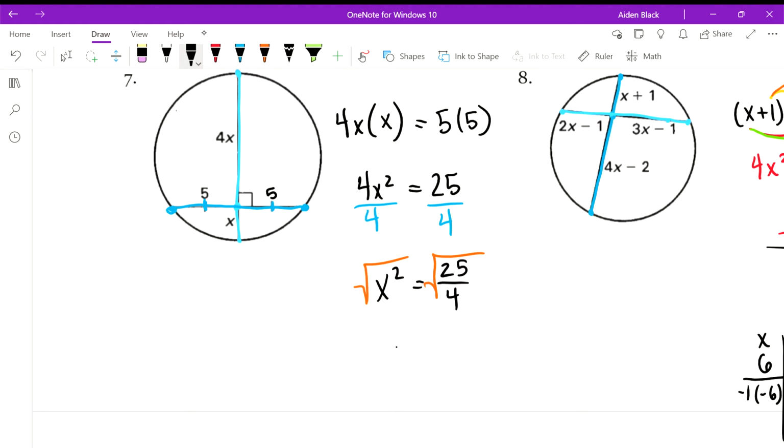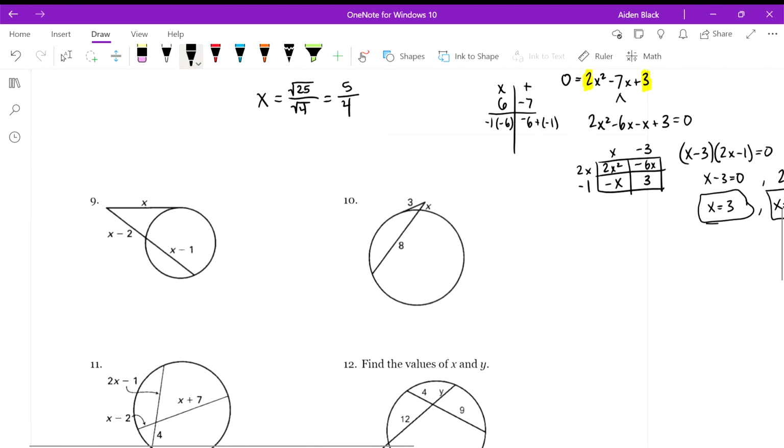Therefore, we get x by itself, because the square root undoes the square, and the square root of 25 over 4 is equivalent to the square root of 25 divided by the square root of 4. I know you guys know how to evaluate that: 5/4. This should be plus or minus, but if we plugged in a negative value for x, it wouldn't make sense. So we'll just keep it at 5/4.